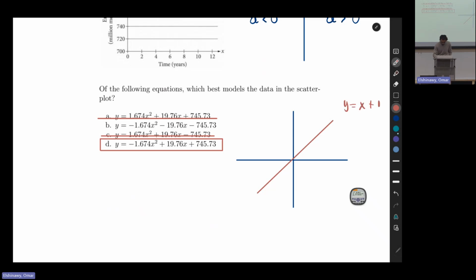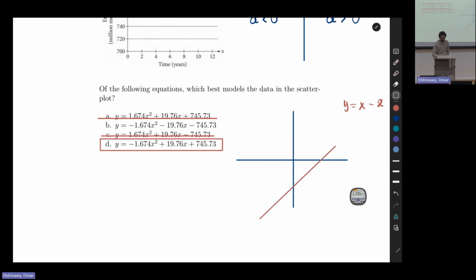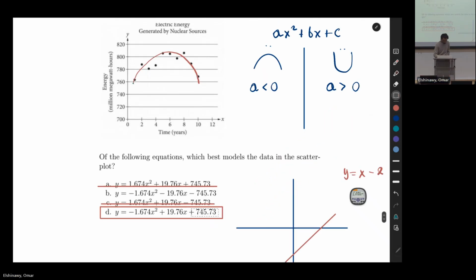If I add 1 to this, then it goes one step up. If I do minus 2, it goes 2 steps down. And so already, because I know that the y-intercept is positive, and here it should be positive, then probably B is not the answer. So that's also another way to obtain the answer.